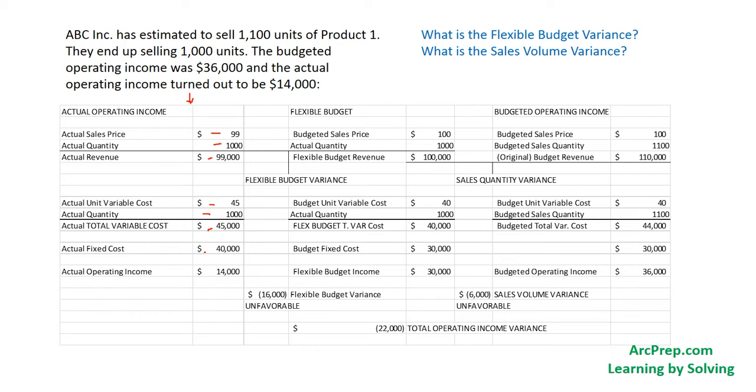And then we have actual fixed cost, and finally the actual operating income. On the right side we have all our forecasts: what we forecasted as sales price, the sales quantity, the forecasted unit variable cost, and the forecasted, budgeted fixed cost.